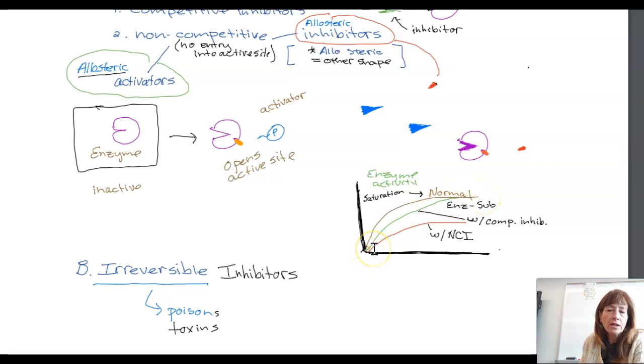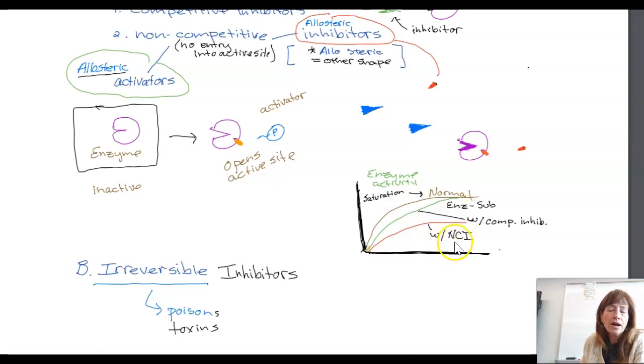But if we have a competitive inhibitor, look what happens. It's a little bit lower activation, but ultimately it will get up to that normal level given enough substrate and enough time.